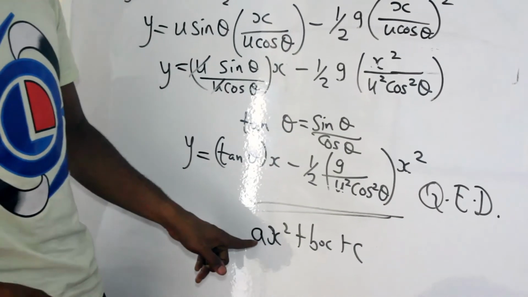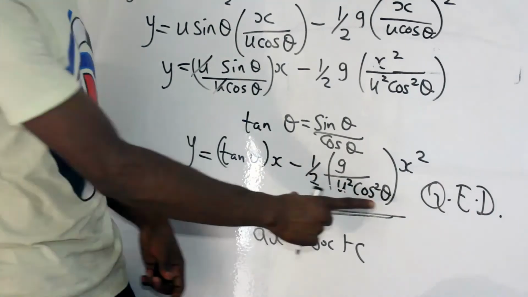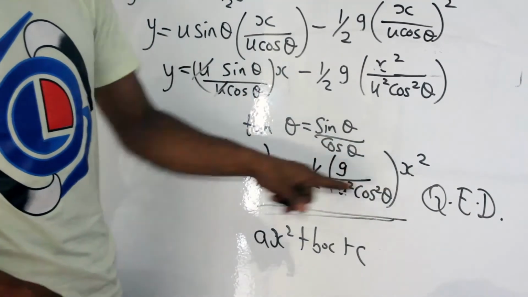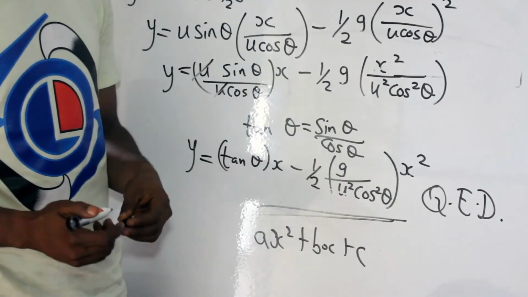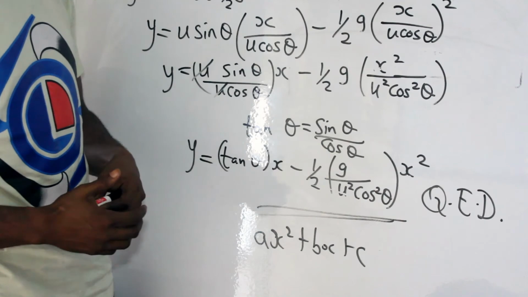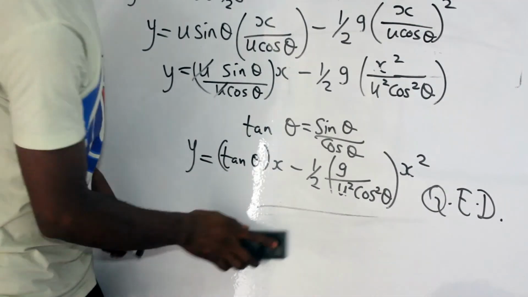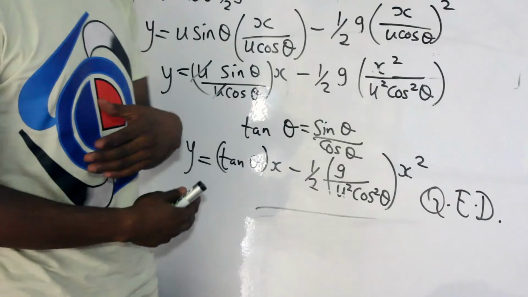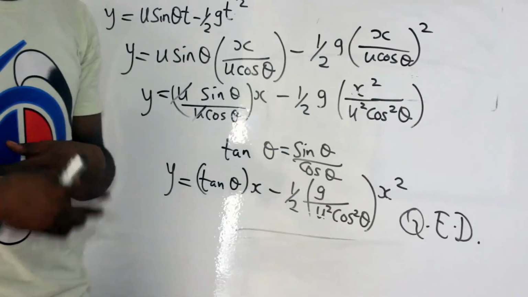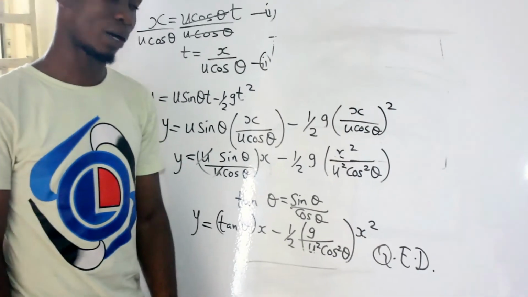So you can see that our a term here is the whole of this, and this is actually the equation of a parabola. So we have succeeded in proving that the trajectory of a projectile is a parabola.